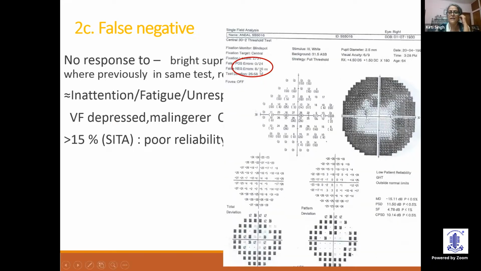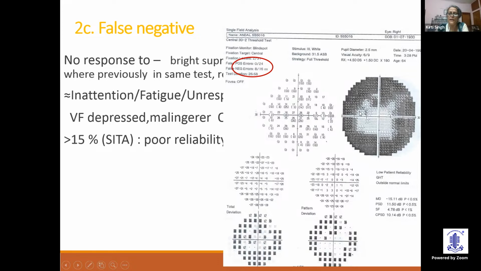So as you can see now, this is a new field because it has fixation losses as a fraction, false positives and negatives as percentages, and here it is showing you an excessive false negative. Can you see this pattern?